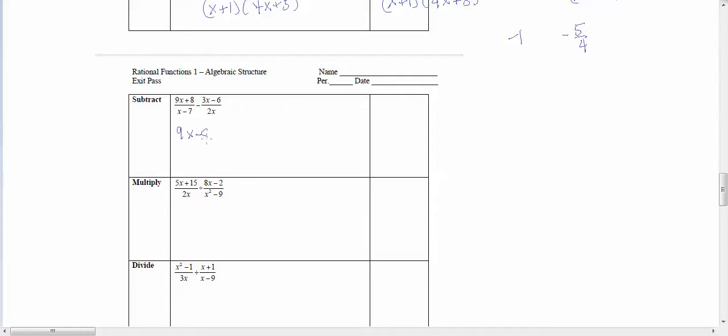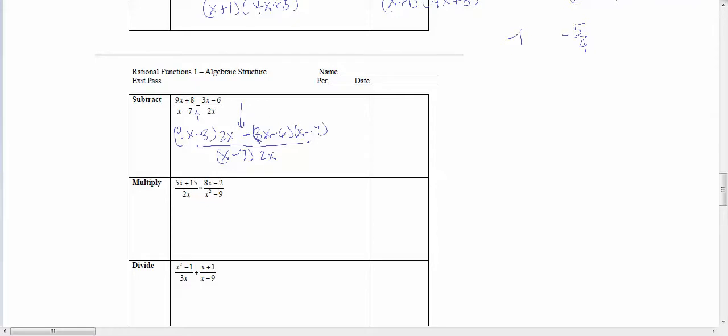9x minus 8 times 2x minus 3x minus 6 times x minus 7. Now, the only thing I would worry about with subtraction is making sure that this negative right here gets distributed to that second term.